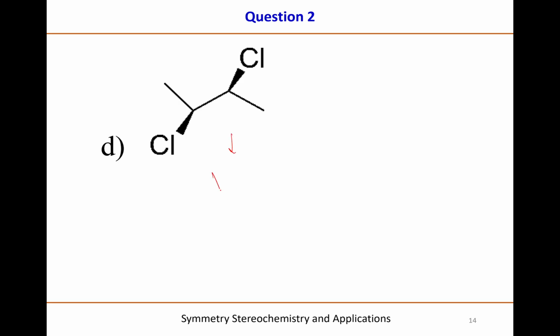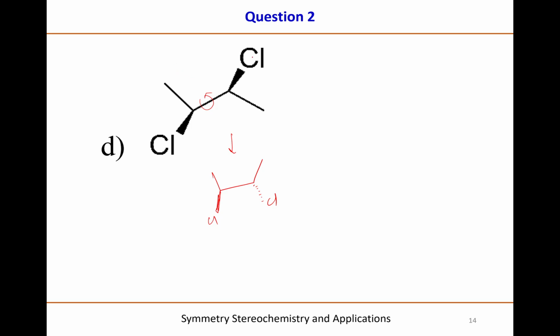Similarly here, if I rotate the molecule, this is a free rotation here. It becomes like this. Many of you will wonder why we are rotating if both are on wedge positions.